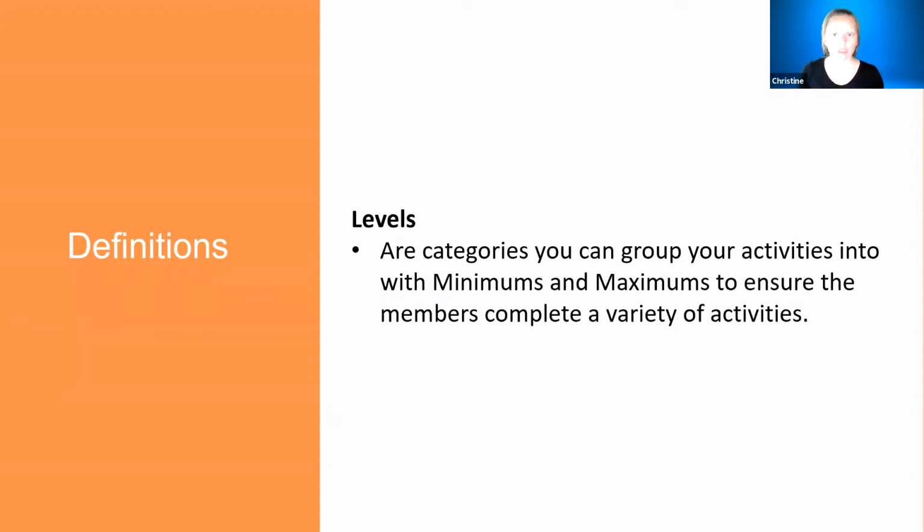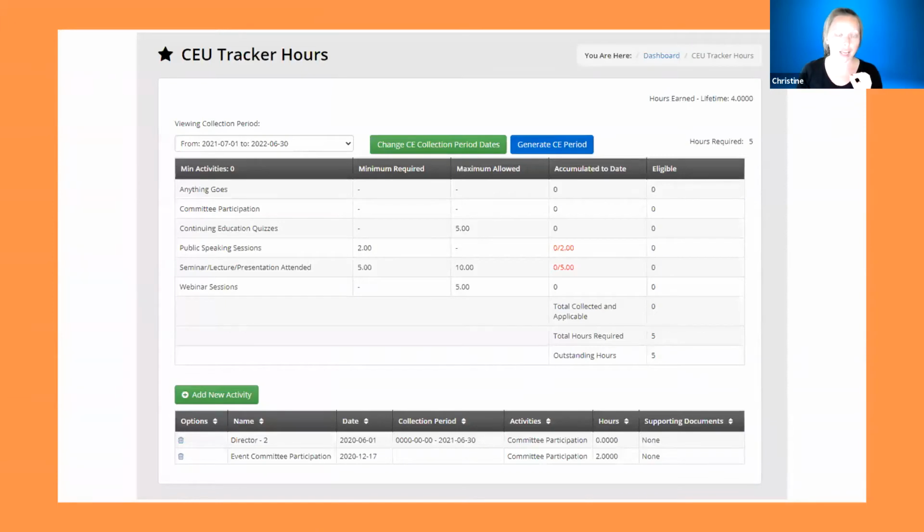So in addition to levels, for levels, this is what I was talking about. You have the different types of levels, and this is what appears on the member portal for a member. The admin can also see this in the CRM on the contact record.